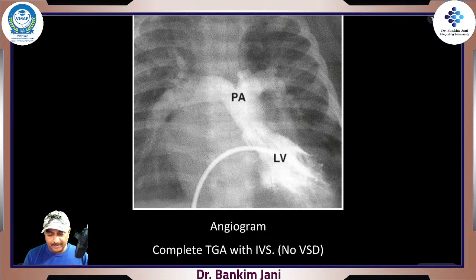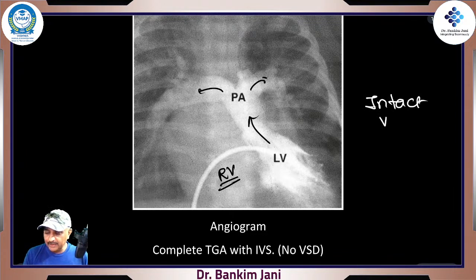We take the catheter and now we put it into the left ventricle, and from the left ventricle we inject the dye, and it is going into the pulmonary artery, the pulmonary trunk and pulmonary arteries. And over here the right ventricle is completely empty. So this definitely indicates that there is an intact ventricular septum.